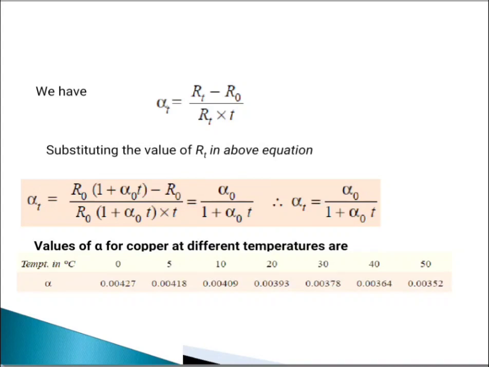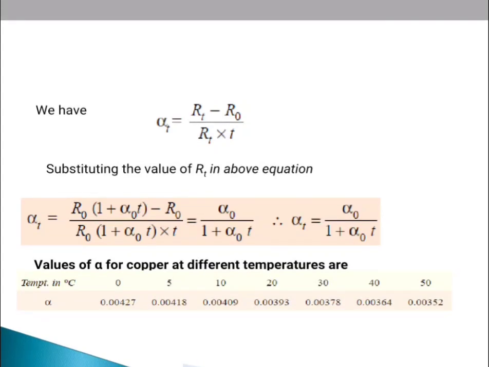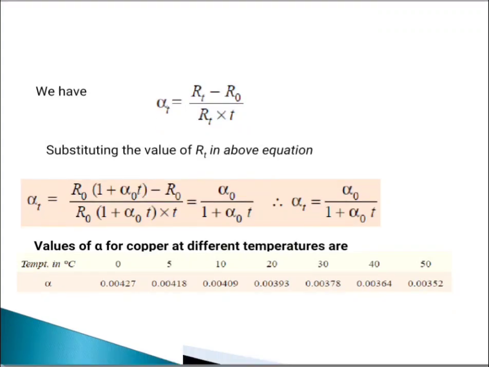Then we find the values of the temperature coefficient of copper at different temperatures, shown in the table. In the first row there are temperatures, and in the second row there are temperature coefficients. For 0 degree Celsius, the temperature coefficient is 0.00427. For 5 degree Celsius, it is 0.00418. For 10 degree Celsius, it is 0.00409.